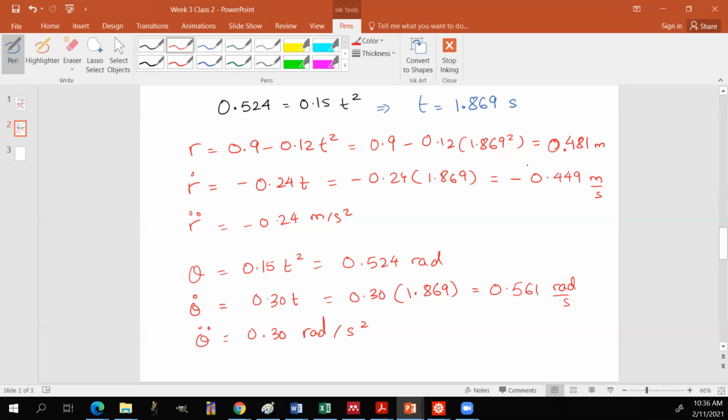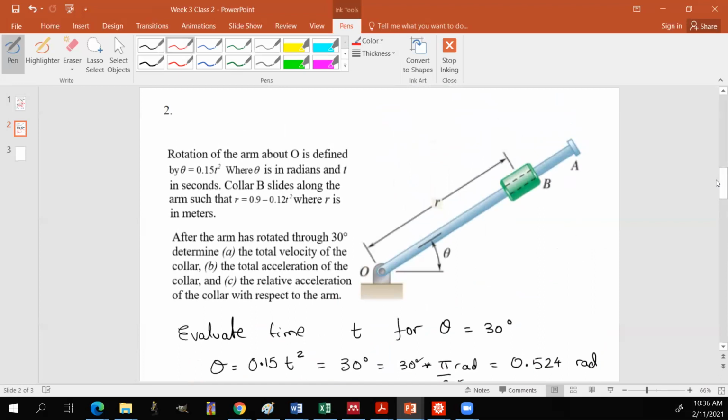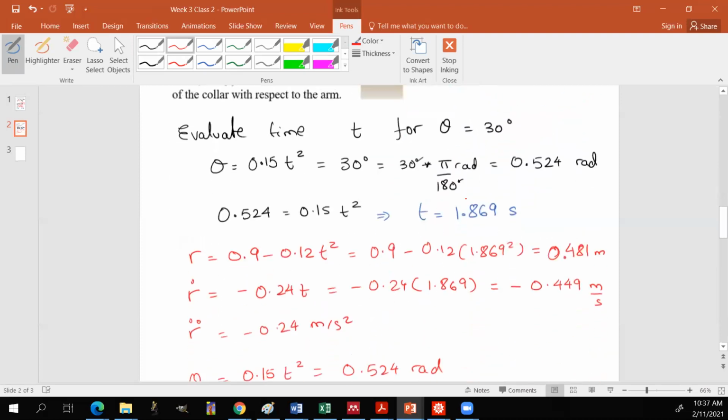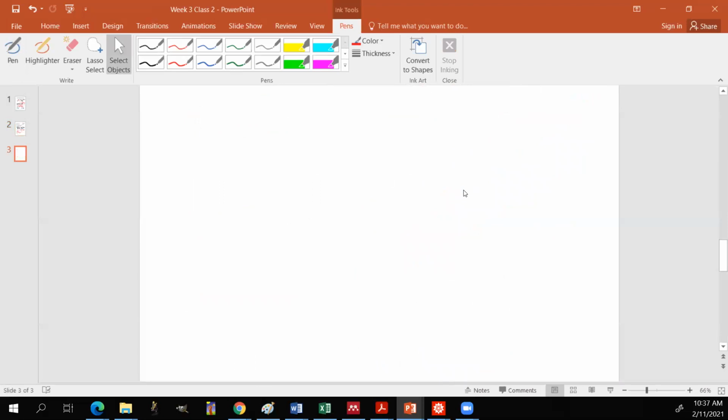All right, so here, what we've done is define the coordinate system such that you have e_r and you have e_theta, right? So we go on to the next page.